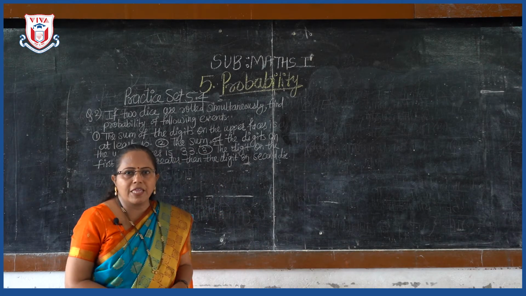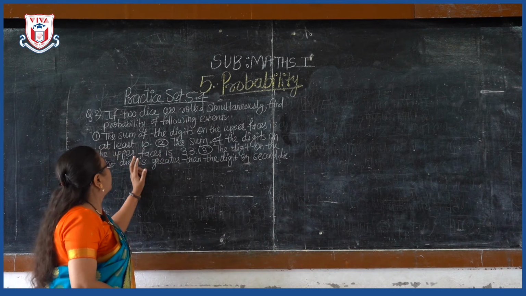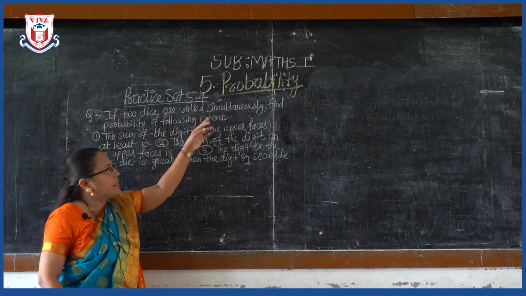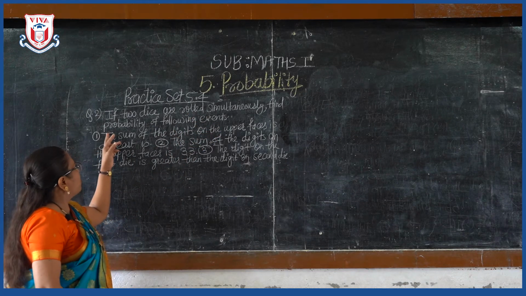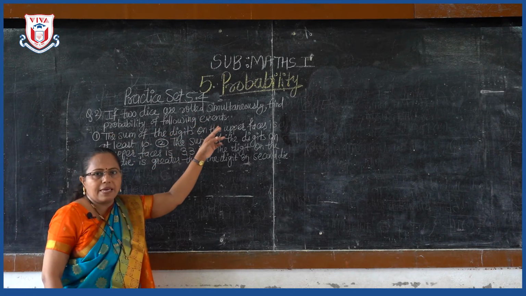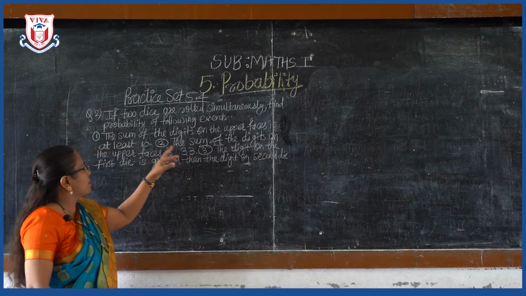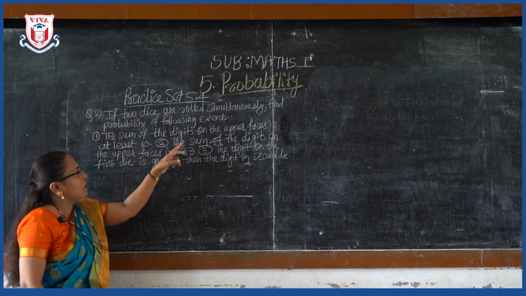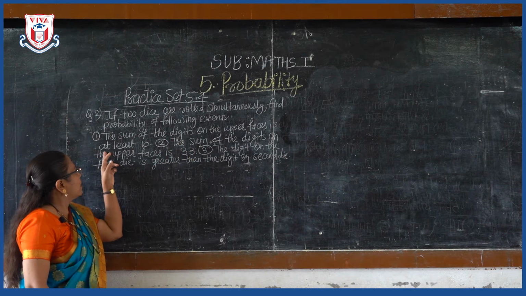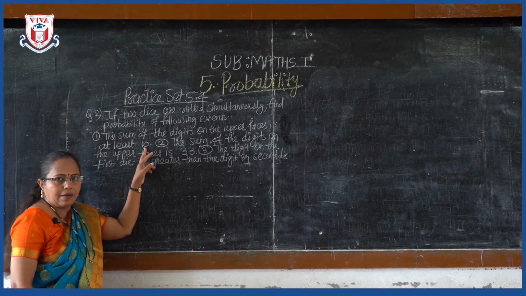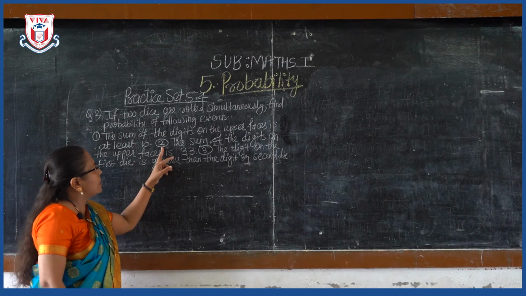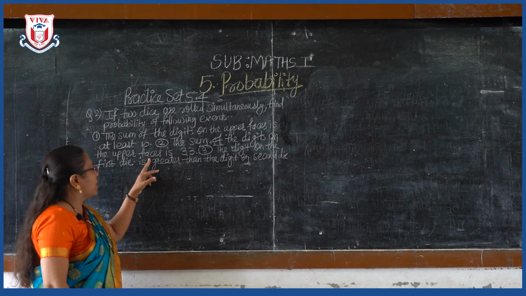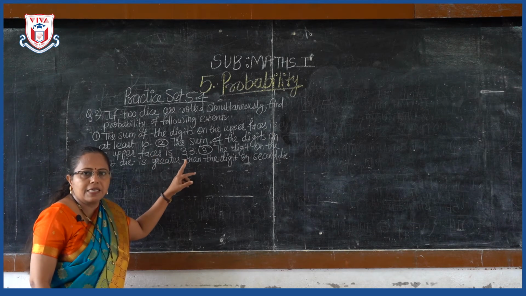Students, now question number 2. If 2 dice are rolled simultaneously, find the probability of the following events. There are 3 events. First, the sum of the digits on the upper faces is at least 10. Second, the sum of the digits on the upper faces is 33.